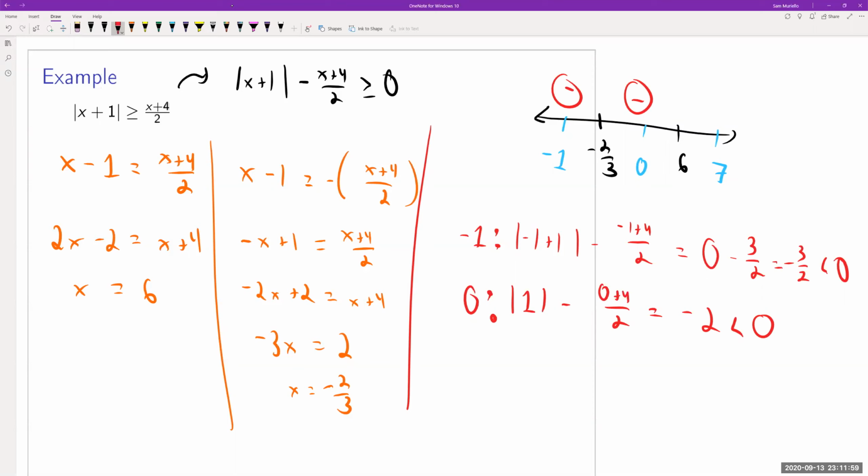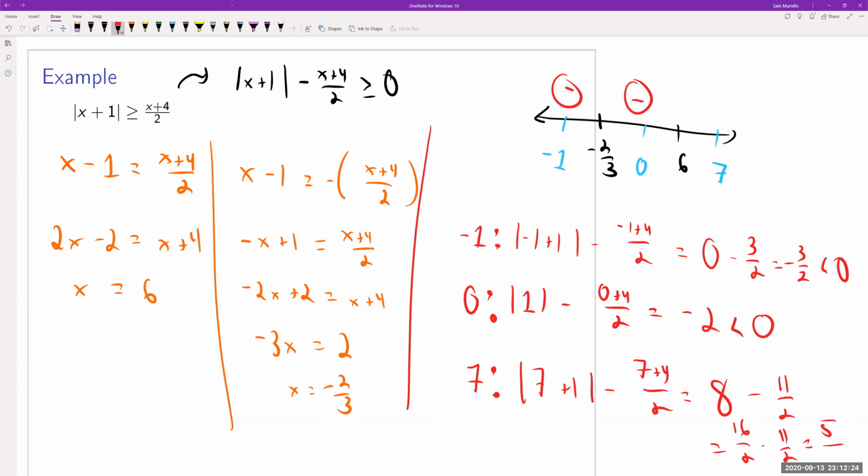And then if I plugged in 7, I get 5 over 2, which is a positive value.